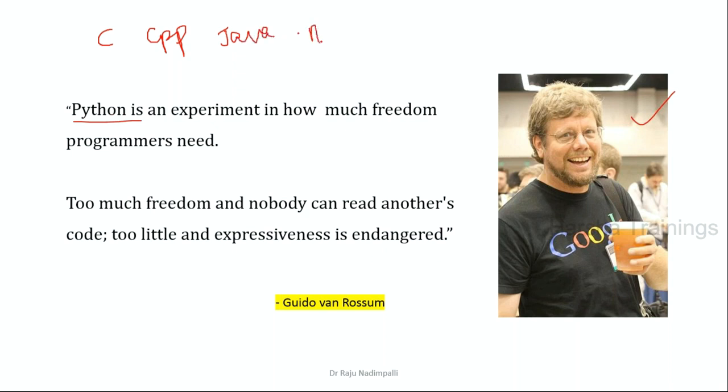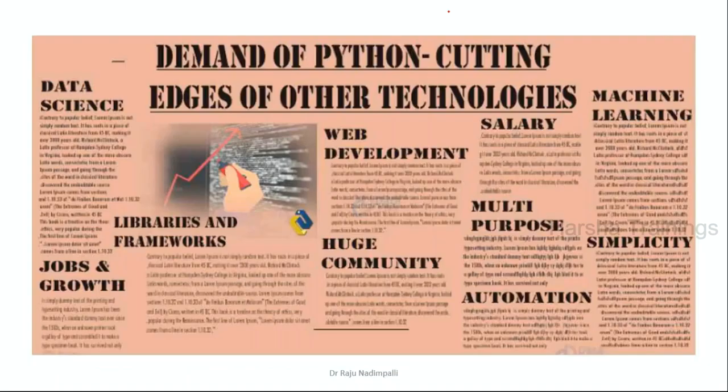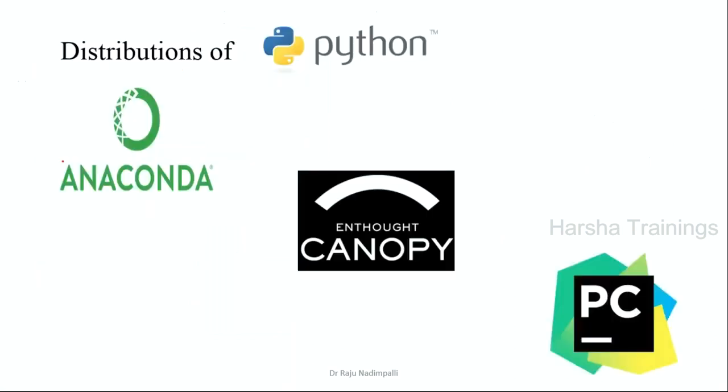I am going to discuss the comparison of these languages in a few minutes. Now I will tell you why we prefer Python over C, C++, Java, and .NET. First I will discuss the basic features of Python, then I will compare the languages, with beautiful examples of why I prefer Python rather than C or Java.